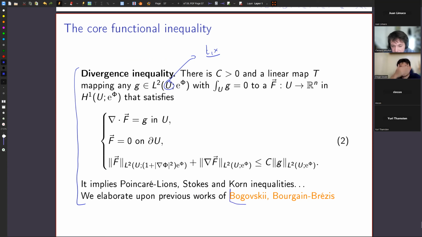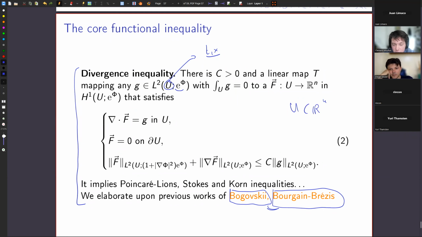We extend the results of Bogovskii and Bourgain and Brezis, but they are the ones who really proved the first versions of this inequality. We extend it with a weight and with more general domains, but it's really using their ideas in a way. So if you give me a function g in a certain domain U, and I'll stop on that slide, for the moment, for that theorem, U is any domain of Rn.